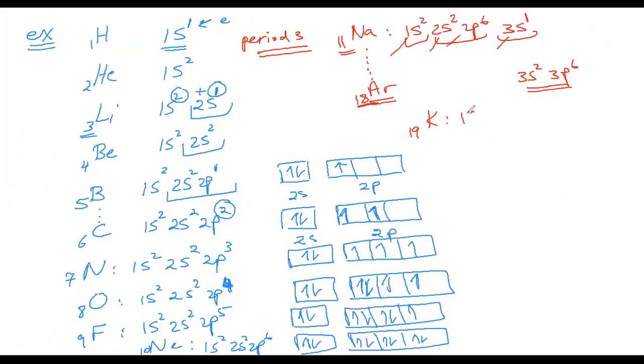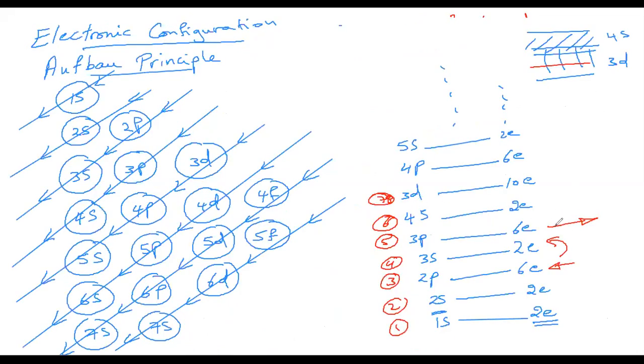Potassium electronic configuration is 1s2, 2s2, 2p6, 3s2, 3p6, and then after the 3p is finished by its 6 electrons, we are going to fill the 4s. This is the order that we should fill with.